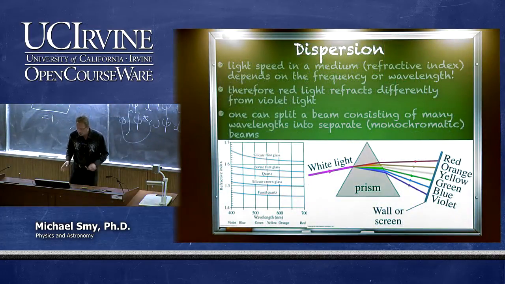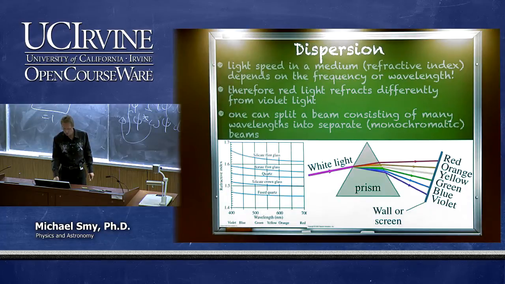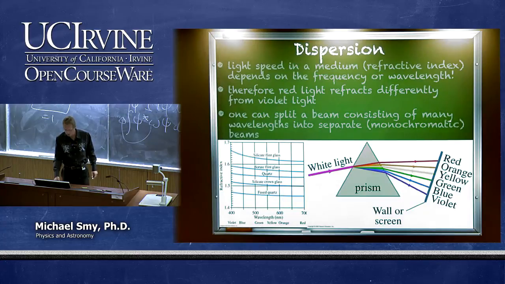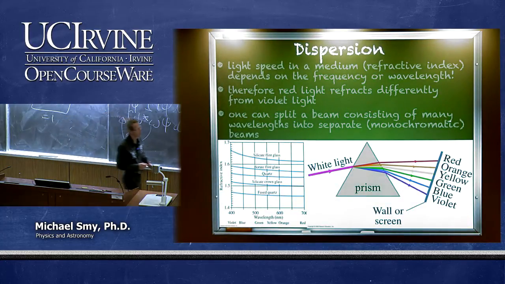The refractive index is a function of the frequency or wavelength of the light. So therefore, red light refracts differently from violet light. And one can therefore split a beam consisting of many wavelengths into separate monochromatic beams.